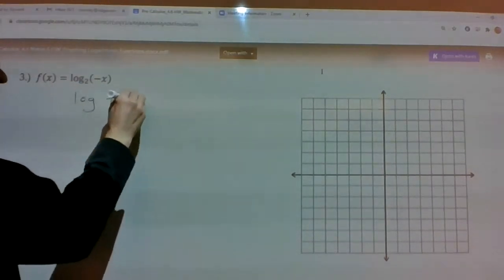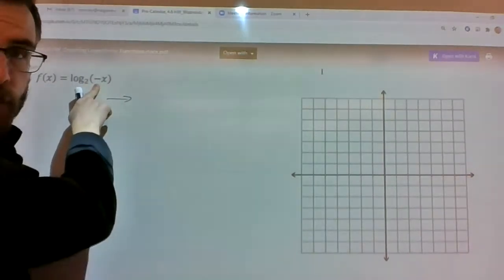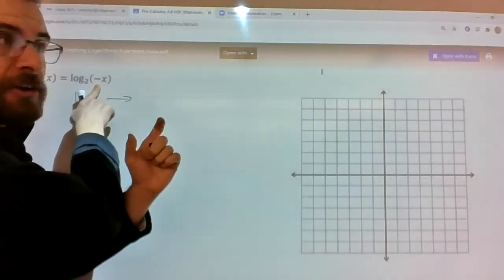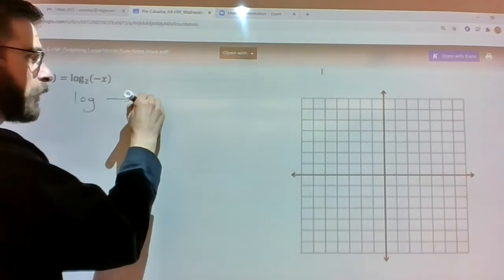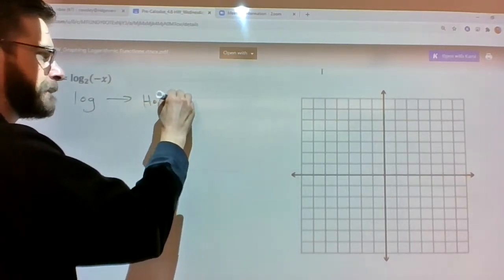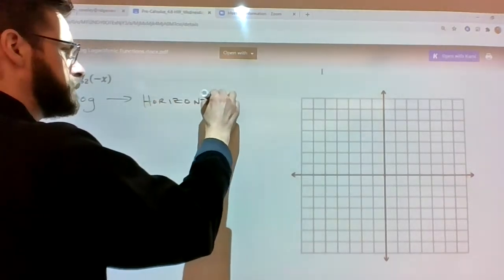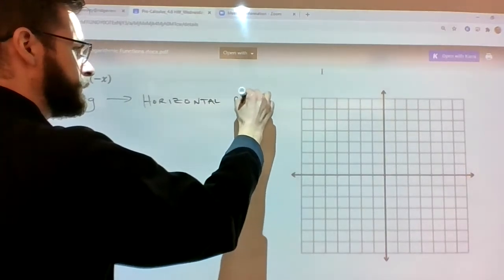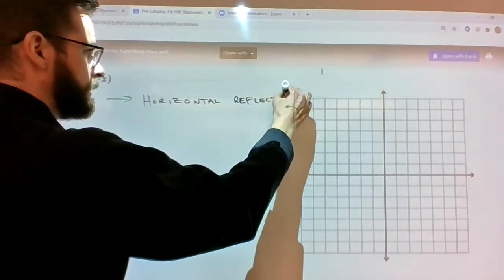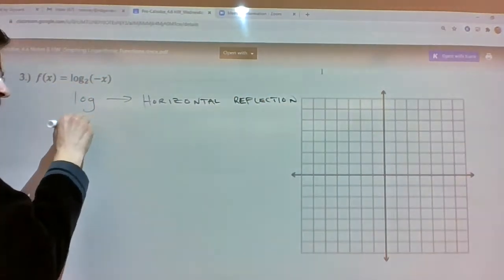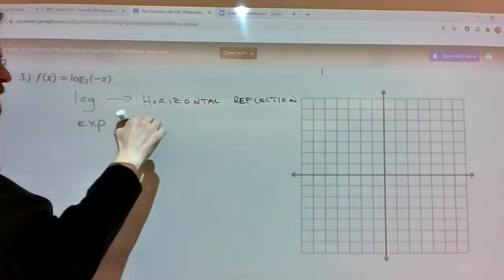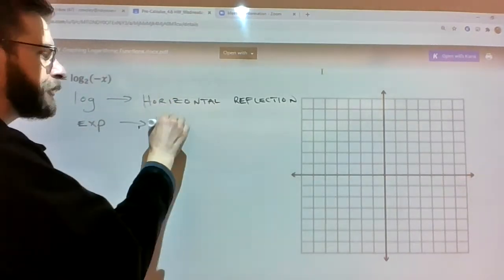The log is given a, from yesterday, you know that inside the parentheses, if there's a negative in front of the x, that's a horizontal reflection. For the exponential, it reverses. Now it's a vertical reflection.